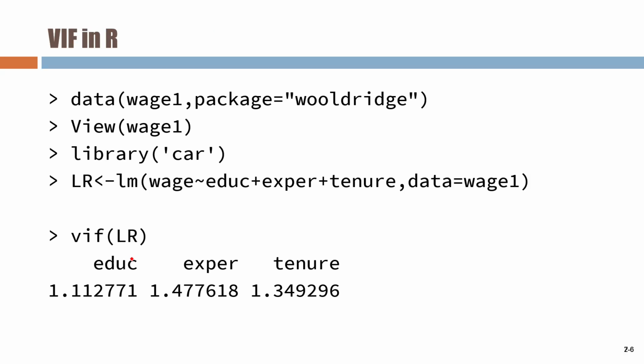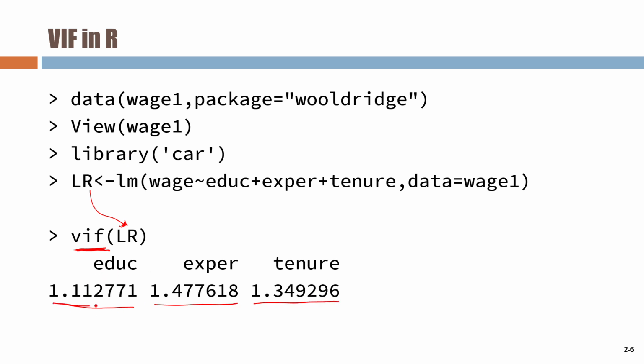So how can I get the VIF in R? It's this way. You can get the Wage data from the package here, and then you can see what the wage data is. Then we call the car library, do the regression here, and if you simply use the function vif and put this regression model in, you can see the VIF value for each variable.